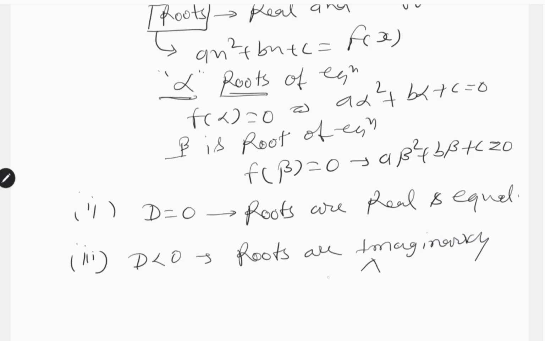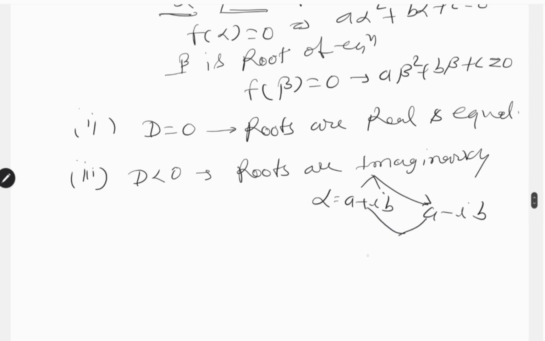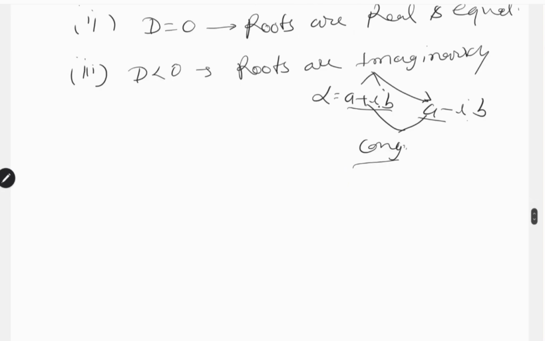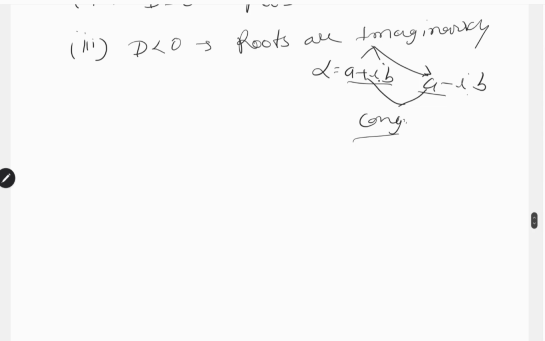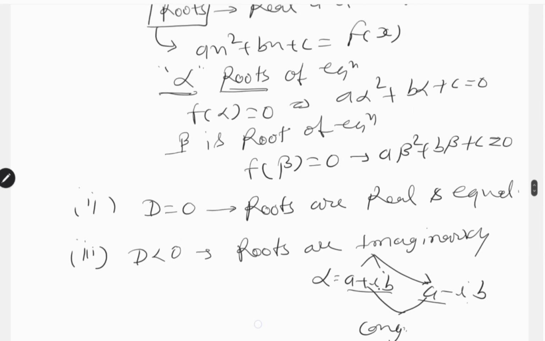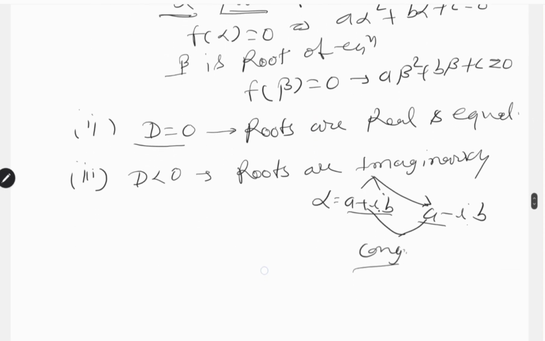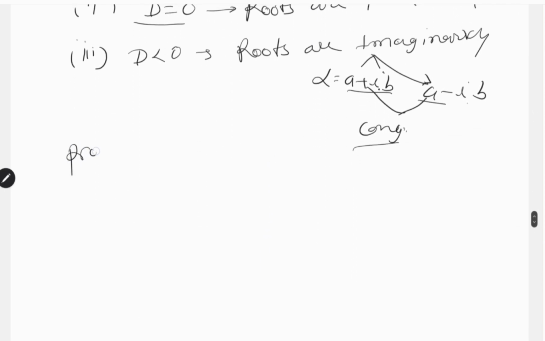If suppose that one root is alpha equal to a plus iota b, then the second root is a minus iota b, then those roots are conjugate. What is conjugate? If a plus iota b is one root, then the second root is a minus iota b. Okay, so how are the roots real for D greater than 0 and D equal to 0? Then let's prove.